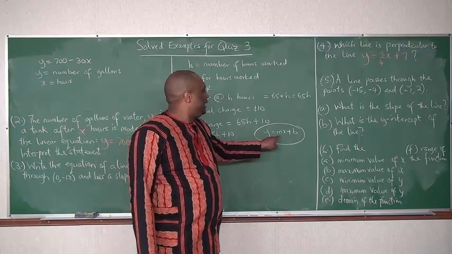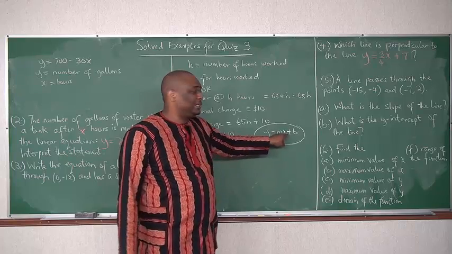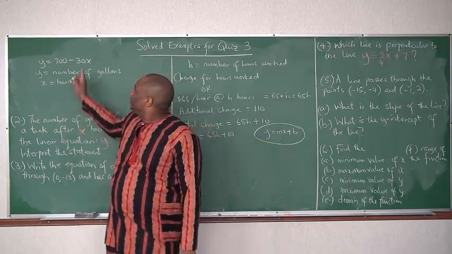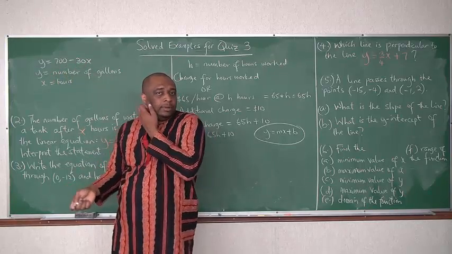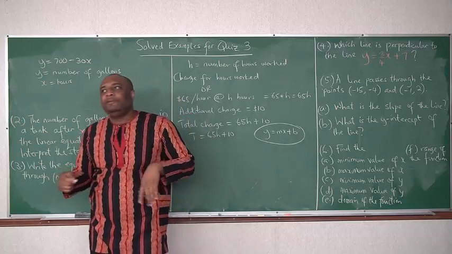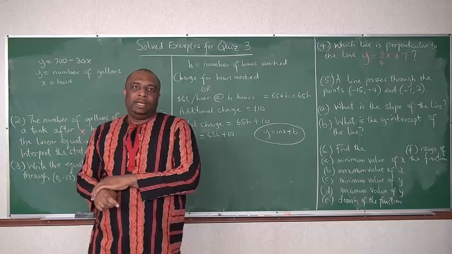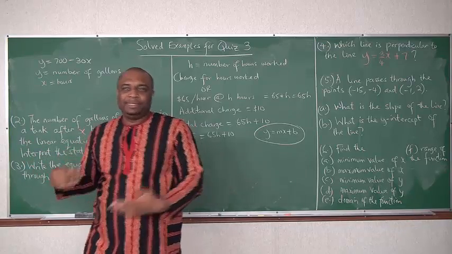You see that the slope is m, the coefficient of x. So this is the slope, and we have a negative slope. Now, if we have a positive slope, that means it's filling. But we have a negative slope, so that means it's draining or emptying.